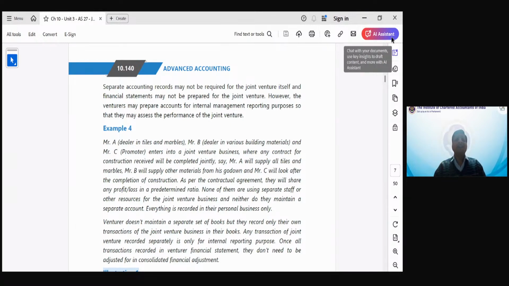They do not maintain separate books, but they record whatever portion belongs to the JV business in their own books of accounts. Any transaction of the JV recorded separately is only for some control purposes.